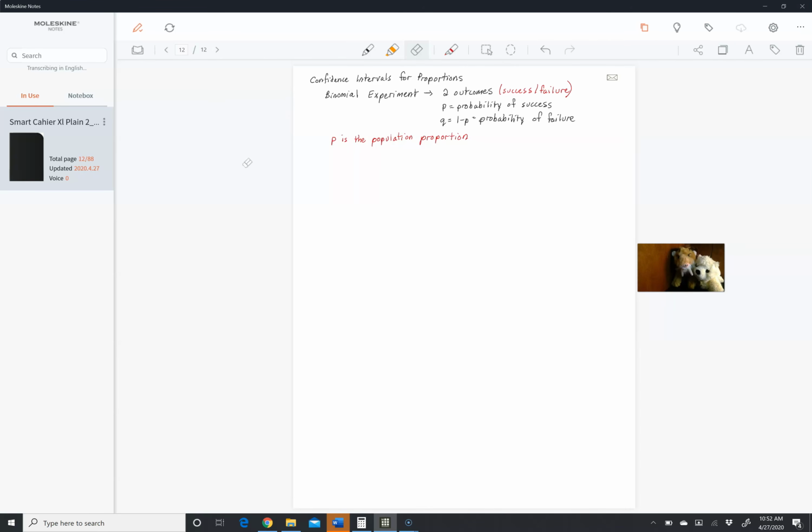So you'll see this a lot in the examples that we're going to do, but it might be if you're testing 1,000 products, how many of them work? So it might be that 900 out of 1,000 products are working products, and that would be your population proportion. So it's the proportion of successes in the whole population, exactly what it says, population proportion. So we're going to create confidence levels for this population proportion.